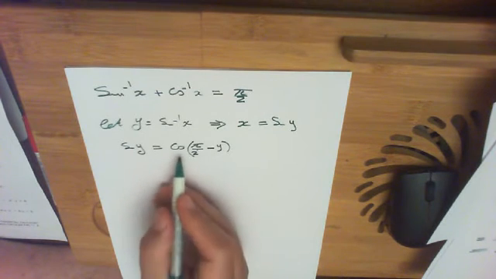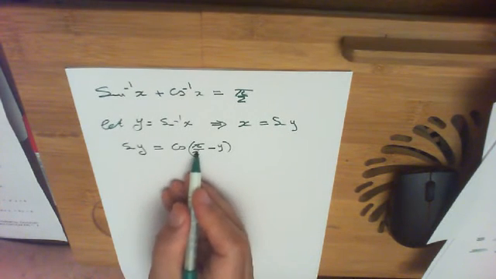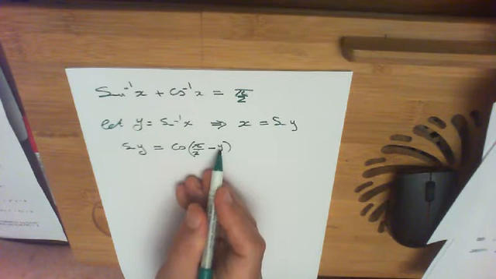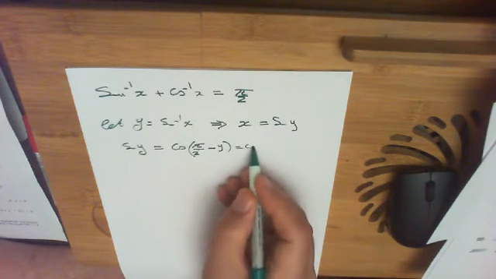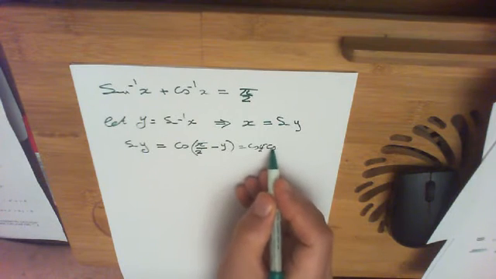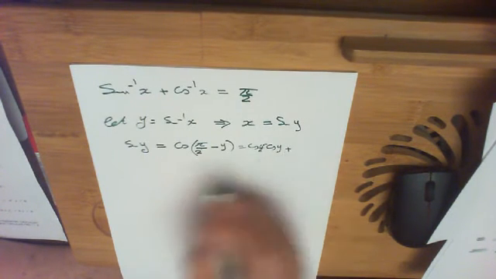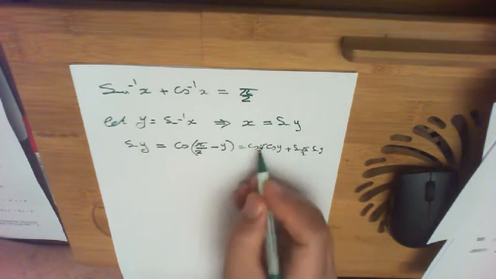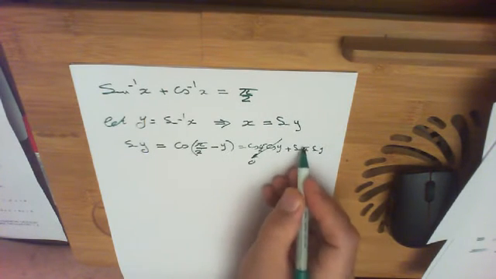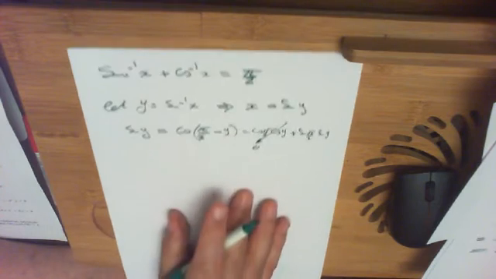You don't believe? No problem. Expand. Cosine the first, cosine the second, plus sine the first, sine the second. Cosine pi by 2 is 0, so this is cosine pi by 2 cosine y plus sine pi by 2 sine y. This is 0. Sine pi by 2 is 1, so it is sine y.